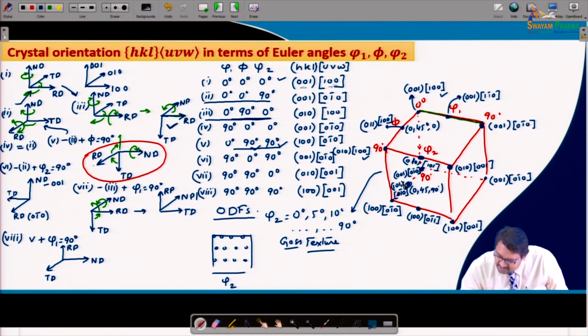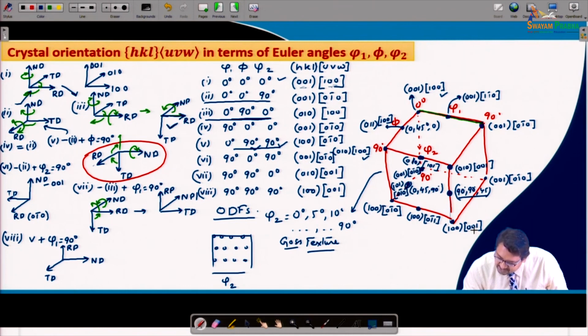Again, we can add this position, and the position of the Goss texture basically here is phi 1 90, phi 90 and phi 2 45, that is 90, 90 and 45. So, this position, and therefore, we see that again the RD component is the same 0 0 1, therefore, it is an RD fiber.